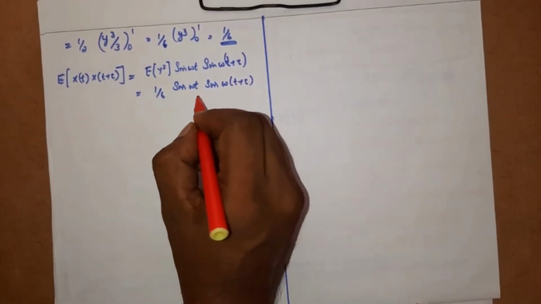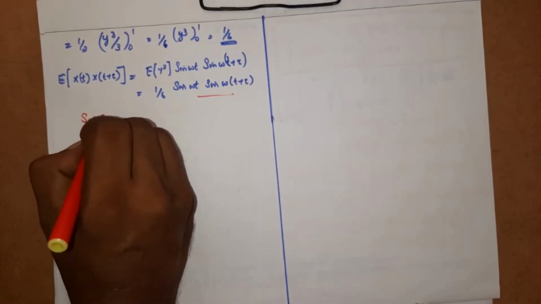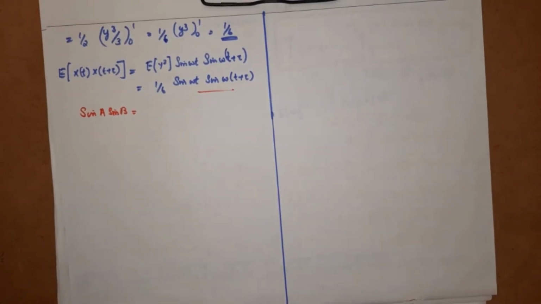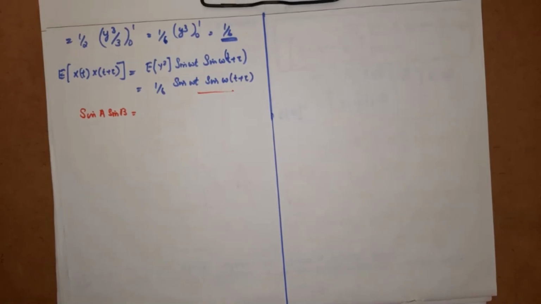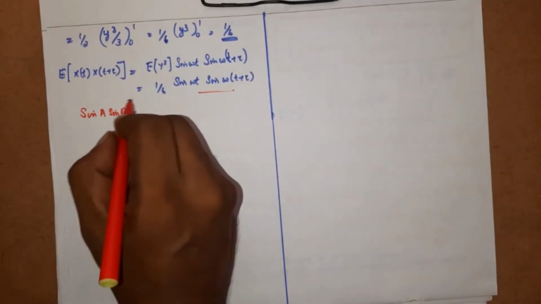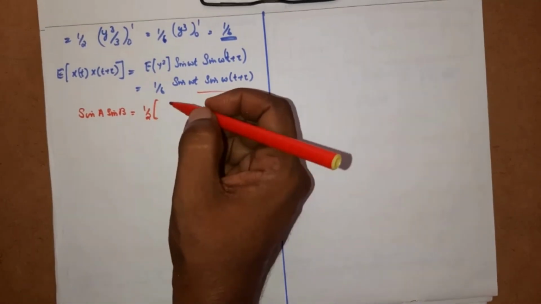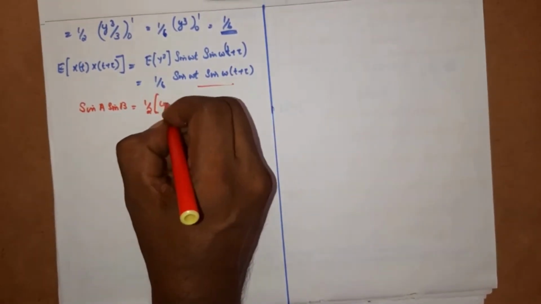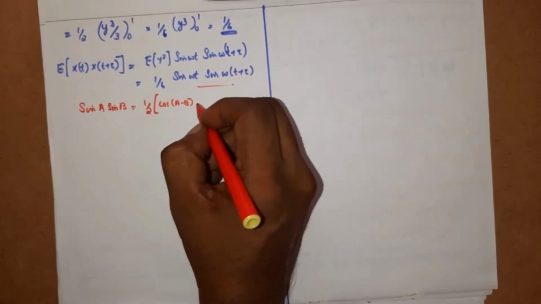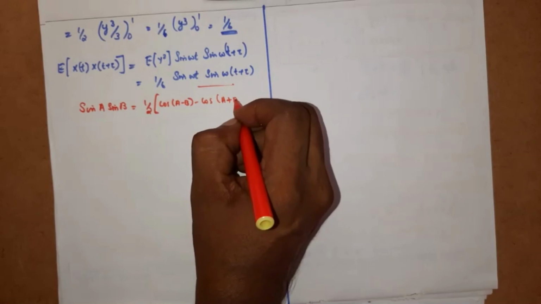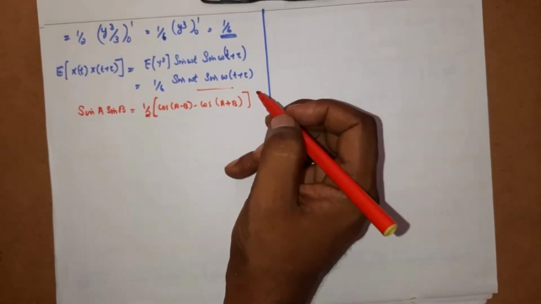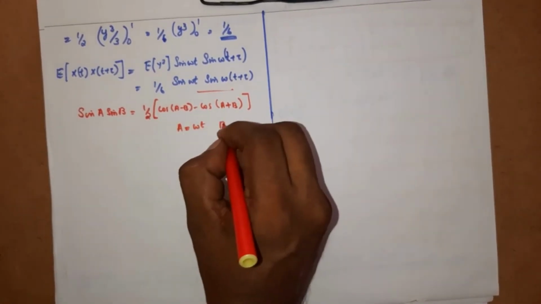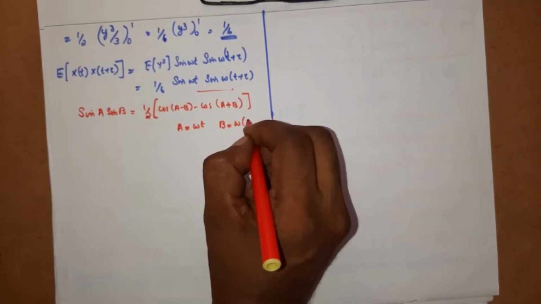This function is of the form sin A sin B. Sin A sin B can be written as 1 by 2 into cos A minus B minus cos A plus B. Here A is equal to omega t and B is equal to omega t plus 2.